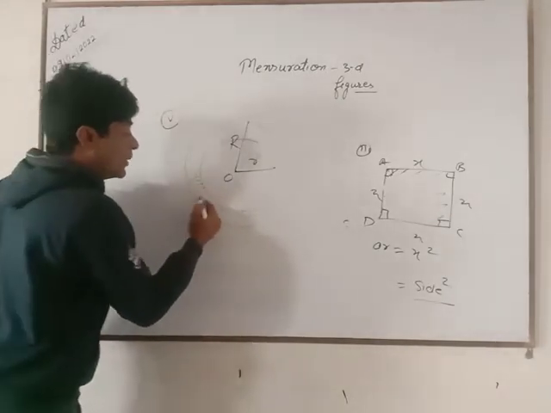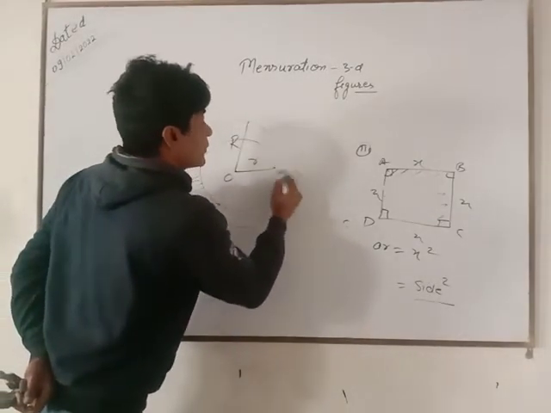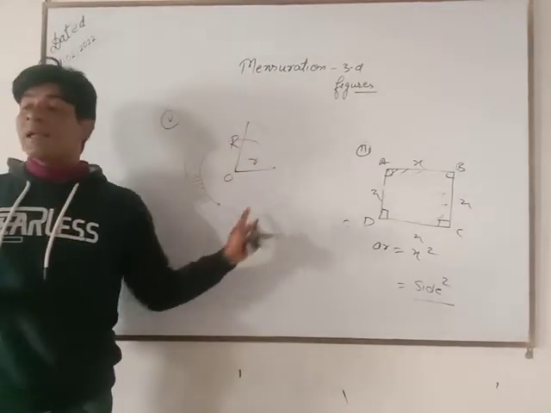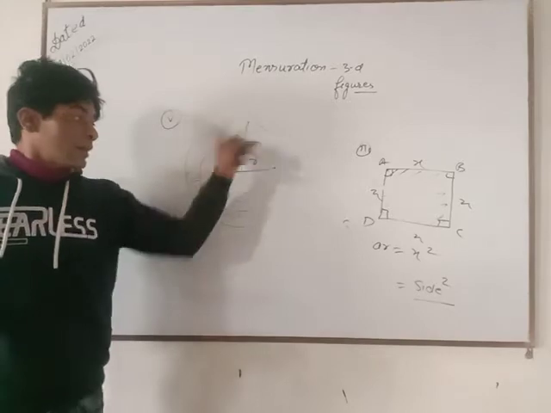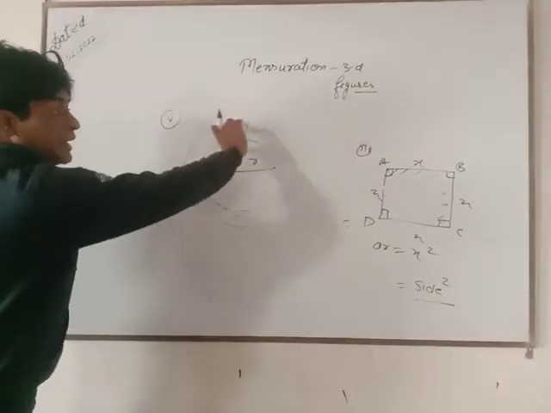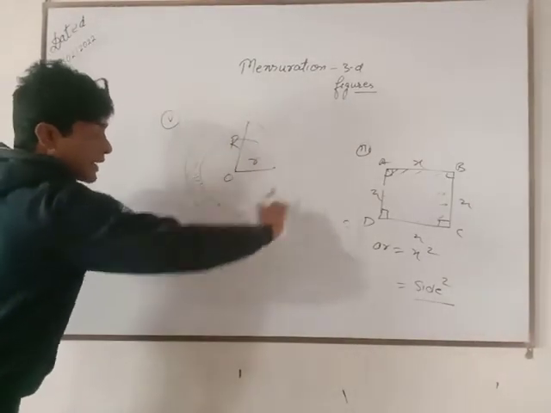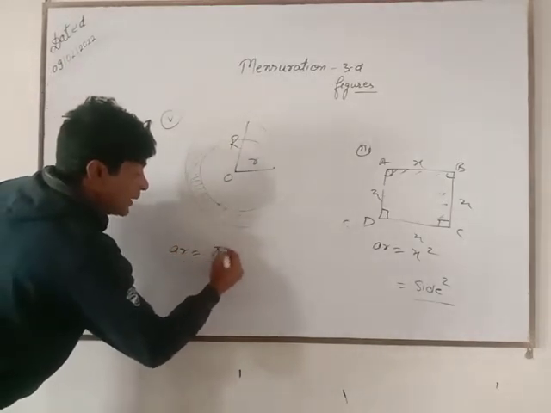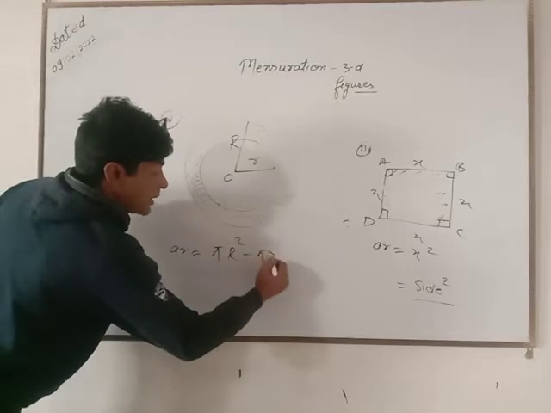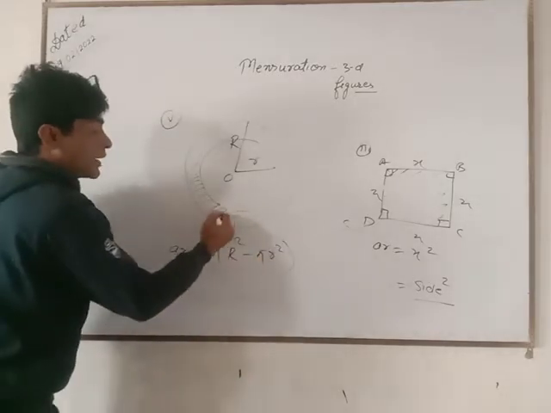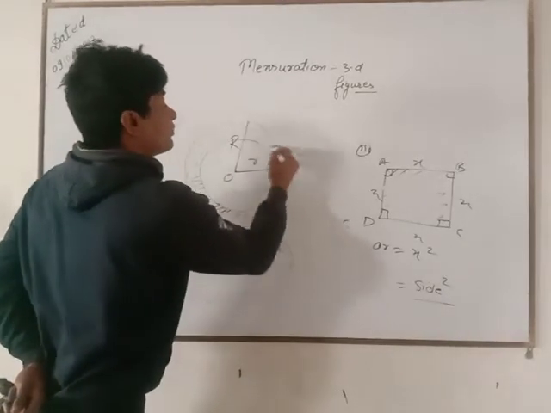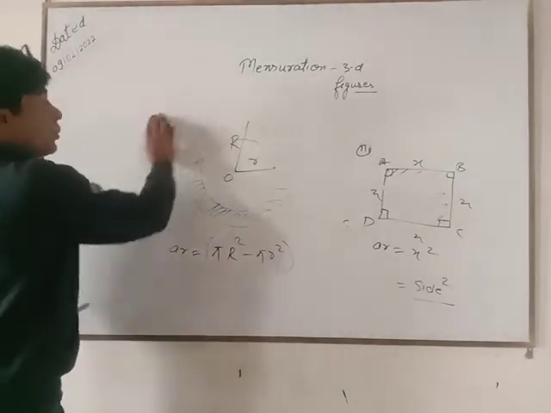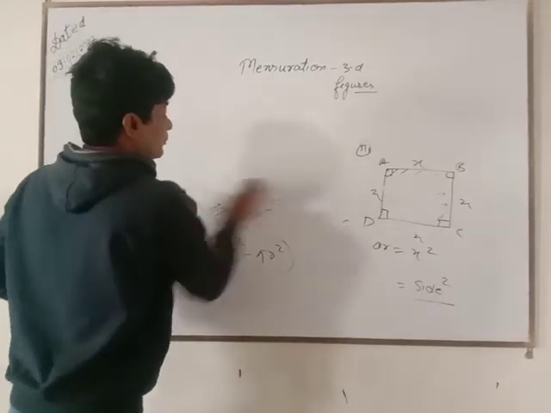Then what will be the area of this ring? Then you will subtract the area of the small circle from the big circle. Then this will be the area of your ring, whatever is shaded here. This will be area equal to pi capital R square minus pi small r square. Then you will get the area of this ring. This is the fifth figure.